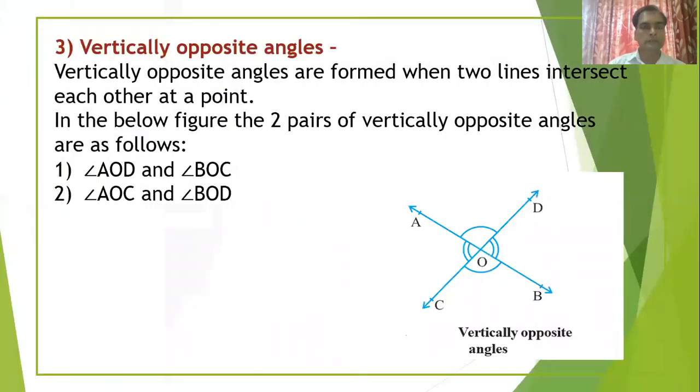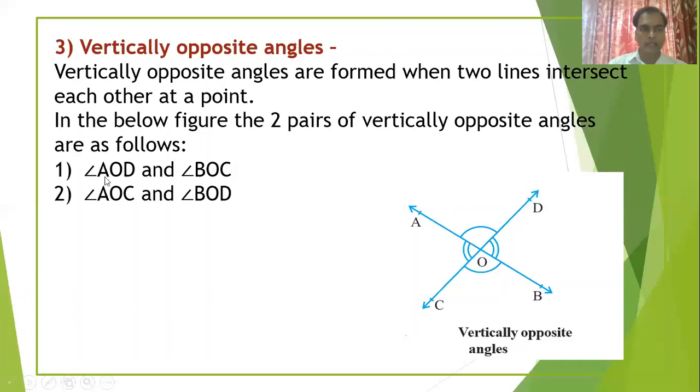Then the next concept is vertically opposite angles. Vertically opposite angles are formed when two lines intersect each other at a point. In this diagram, you can see line AB and line CD are intersecting at point O. Therefore, two pairs of vertically opposite angles are formed.